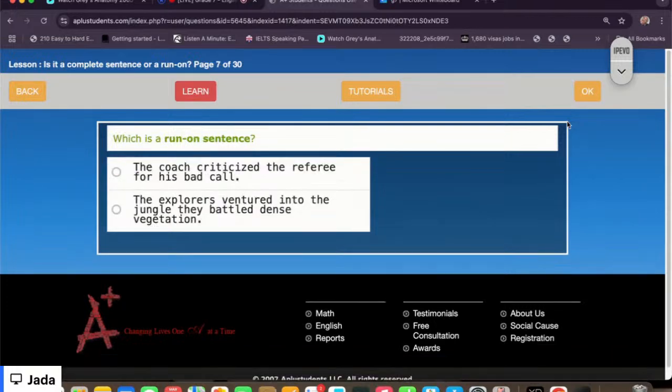So, with a run-on: the coach criticized the referee for his bad call. The explorer ventured into the jungle. They battled dense vegetation.